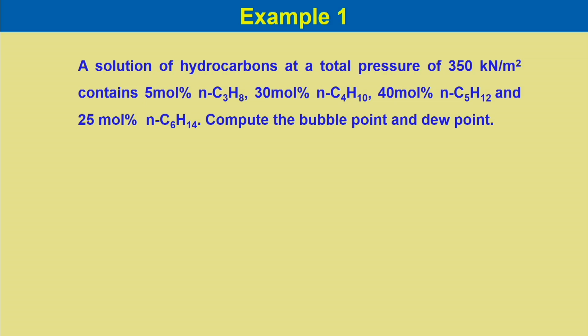A solution of hydrocarbons at a total pressure of 350 kilonewton per meter square contains 5 mole percent normal propane, 30 mole percent normal butane, 40 mole percent normal pentane and 25 mole percent normal hexane. Now, we need to calculate the bubble point and dew point.